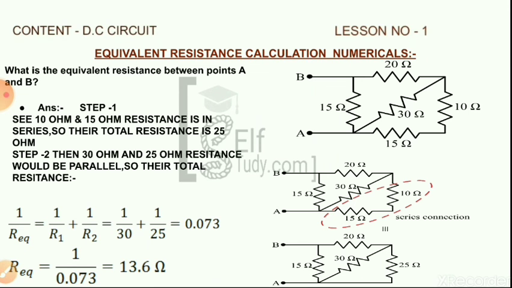First step, find two resistances which are in series, then sum these two resistances and find one single resistance. Then step 2, this total resistance of 10 plus 15 ohm is in parallel with 30 ohm. Then their total resistance is 13.6 ohm.